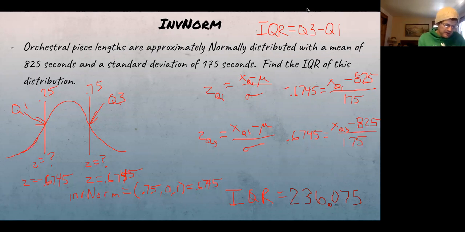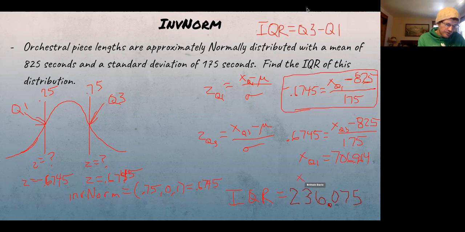I'm not going to do all the math except to say that in the end, your x of Q1 is going to be, did I do this right? 706.964. So when I solve this problem, that's what I get for my answer.